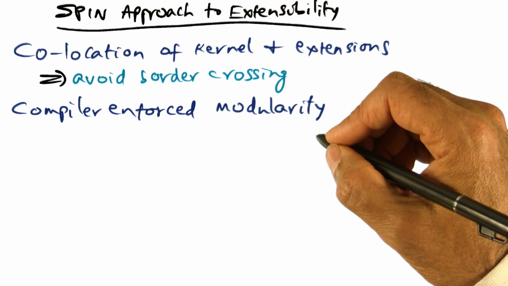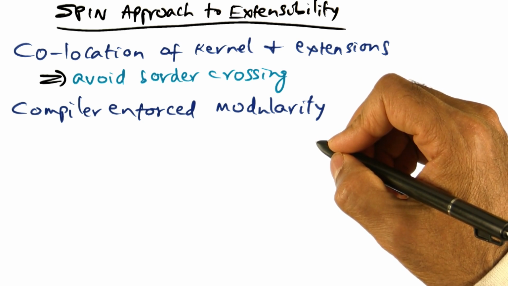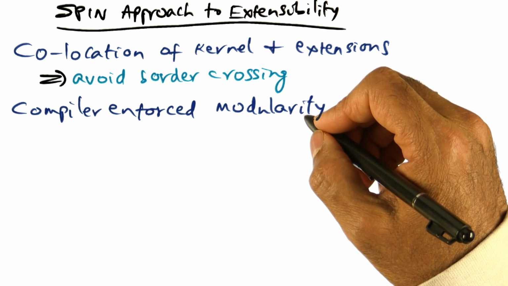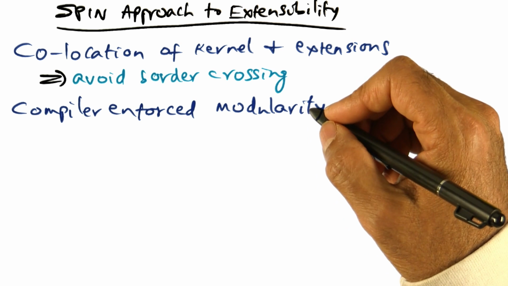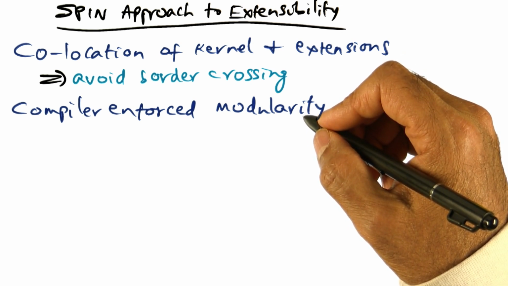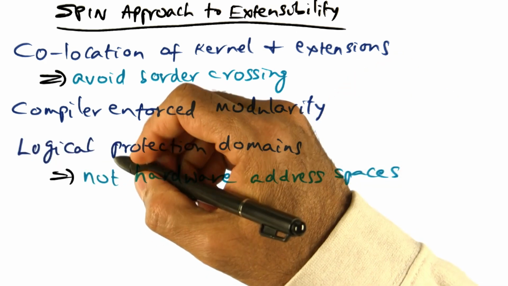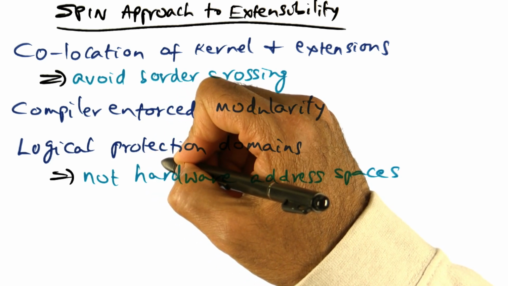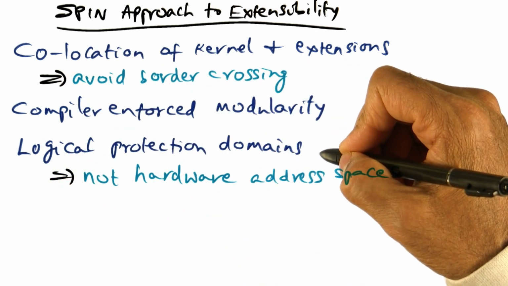Now, what you get when you use a strongly typed language is that you cannot cheat. For instance, in a language like C, you can typecast pointers so that a given data structure can be viewed completely differently depending on what you need to get done at the moment. That's not possible with a strongly typed language. Data abstractions provided by the programming language, such as an object, serve as containers for logical protection domains.